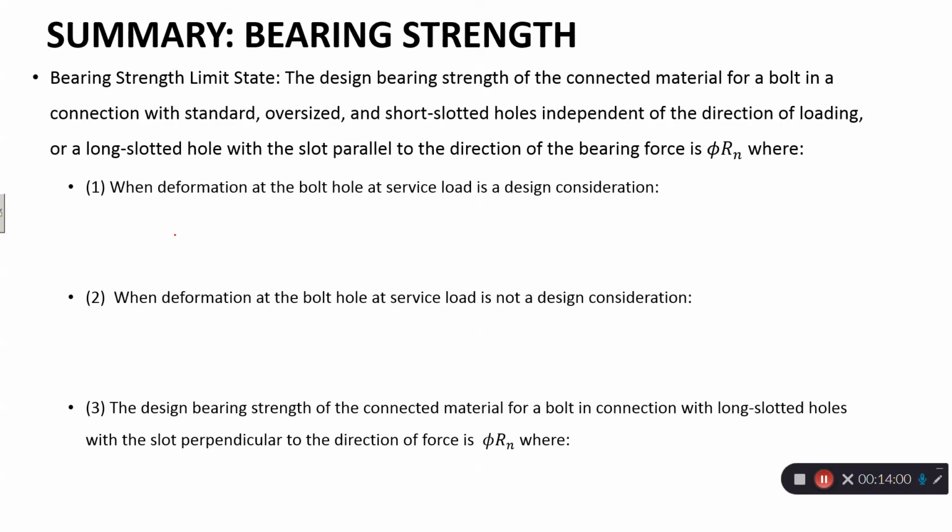Okay, and here let's summarize it. When the service load is a design consideration, that's what we use the most, Rn is the lesser of 2.4 d t Fu or 1.2 LC t Fu.